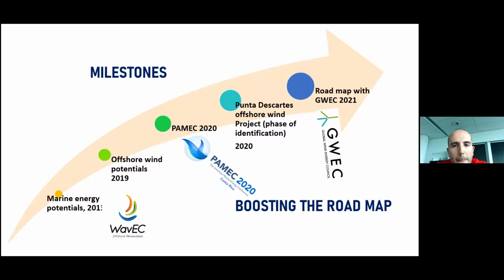Well, as you can see, I can share with you at least five main milestones from the last 10 years, no less than eight years. First, WavEC helped us in 2013 to determine marine energy potentials. And from there, we keep researching on that.